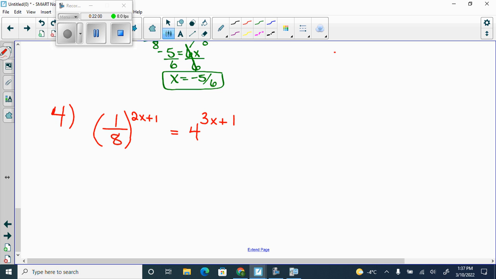If I have a positive, I can move it from bottom to the top and make it negative, right? So if I know 8 is 2 to the 3, 1/8 is actually 2 to the negative 3. And then 4 is 2 to the 2.